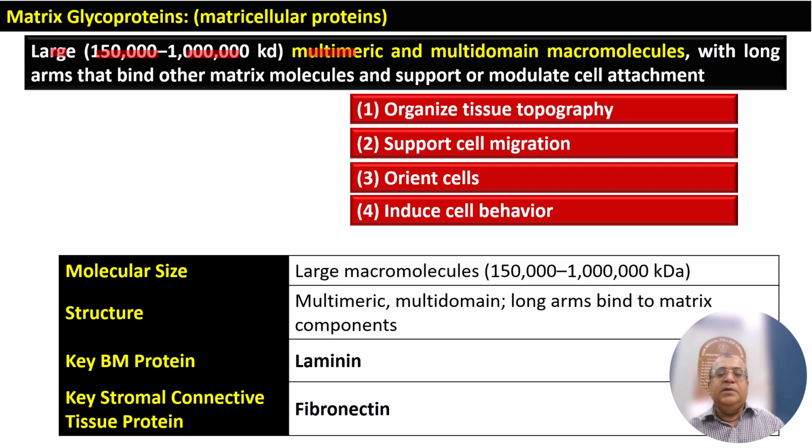Important members of this group are the key basement membrane protein laminin, which we have also seen in detail in the basement membrane video, and the key stromal connective tissue protein fibronectin.